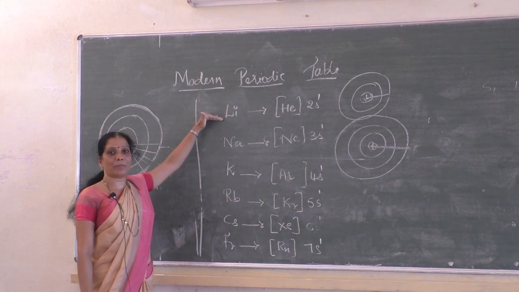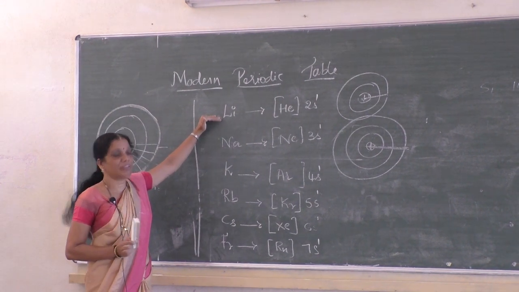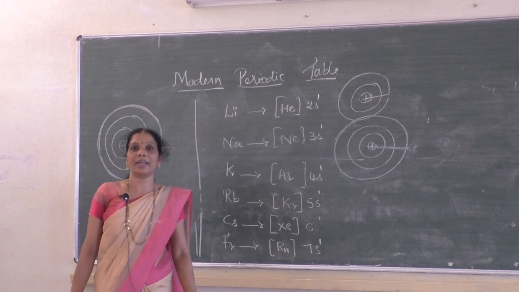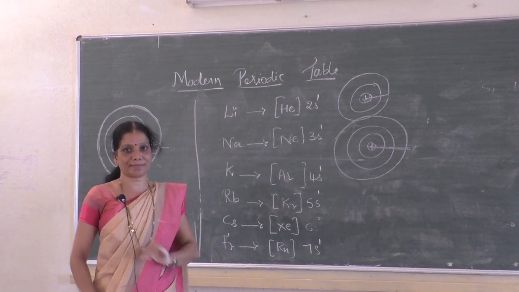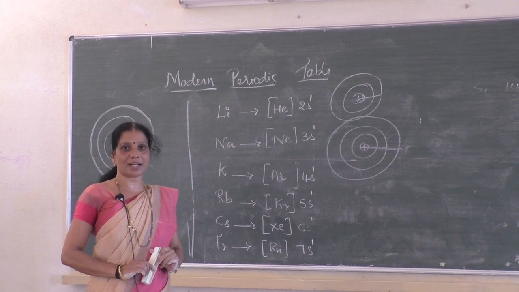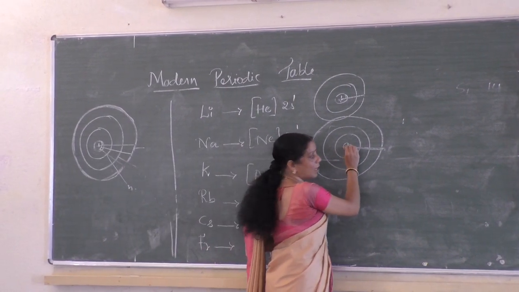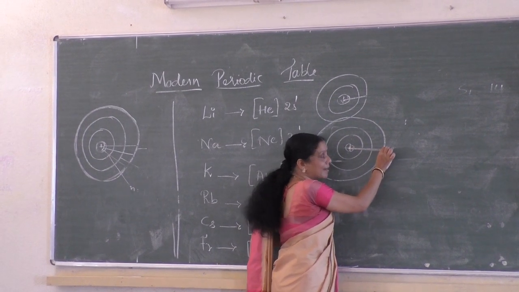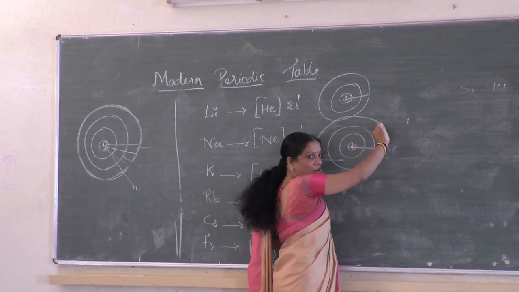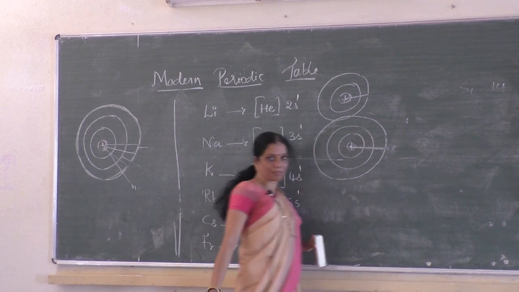The second periodic property we have finished. Which is that second periodic property we have studied? Atomic size. Now what is atomic size? The distance between the nucleus of an atom to the outermost shell containing the electron of a neutral atom.